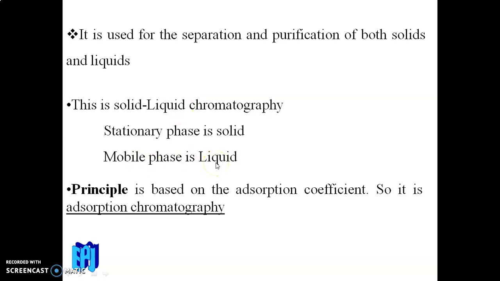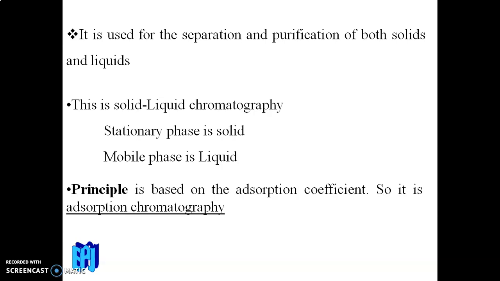So we have a solid phase, which is the stationary phase, and we pass a liquid through it, which is known as column chromatography. So here the stationary phase is solid and the mobile phase is liquid.